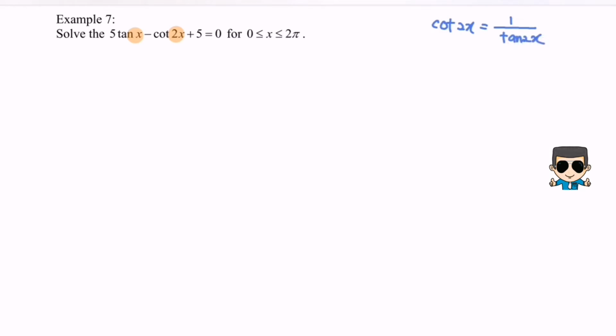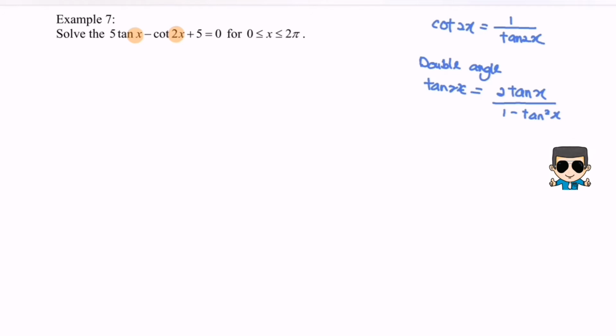That is the trigo ratio. Next, I'm going to use the double angle: tan 2x is equal to 2 tan x over 1 minus tan squared x.